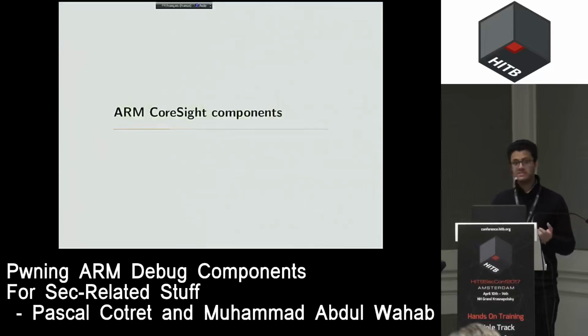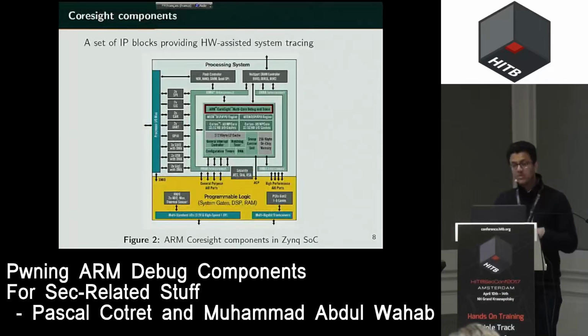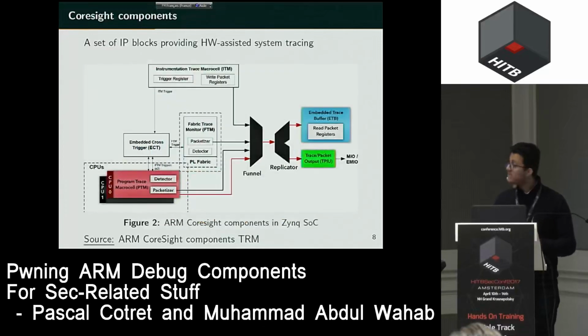A part of this answer will be recovered by CoreSight components. If we look again at the Zynq system on chip, these components are shown here on the schematic. It is a set of IP blocks that provide hardware-assisted system tracing. In the schematic, we have first of all 2 program trace macrocell components, 1 per CPU core.